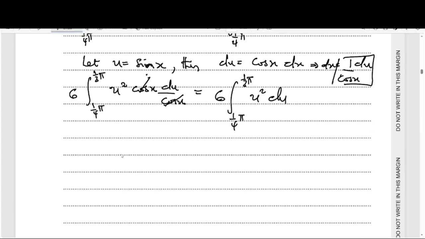The integral of u squared is going to be u cubed over 3, the new exponent, and 6 outside. And you bring in the limits 1/3 pi and 1/4 pi. I can bring the 3 out so that it becomes 6 over 3, making 2.